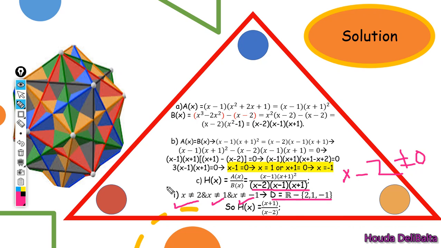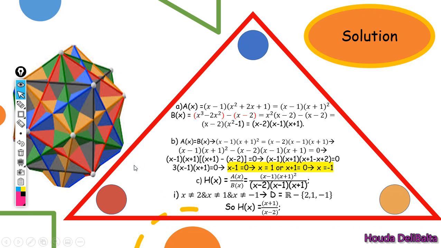After that, I can simplify x plus 1 by x plus 1, and x plus 1 remains in the numerator. And I can get rid of x minus 1 and x minus 1 by simplifying them. And definitely I'm going to get that h of x equals x plus 1 over x minus 2. So that's about the domain of definition and simplifying the rational form h of x.